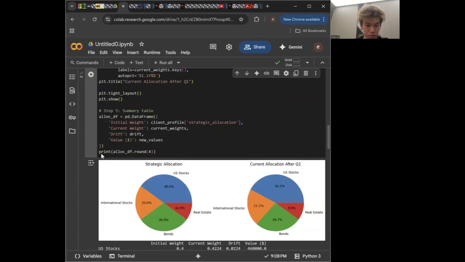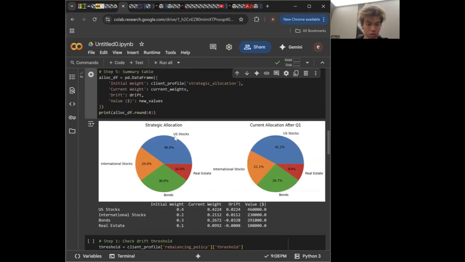After running this code, the plot shows the original profile allocation and the current allocation after quarter one: US stocks are 42.2% after the gain, international stocks are 21.1%, the bonds are 26.7%, and the real estate is 9.9%.